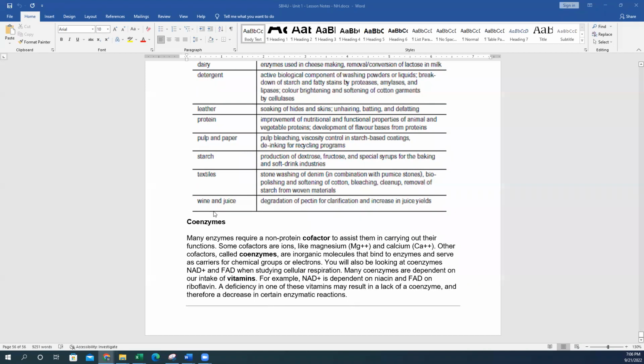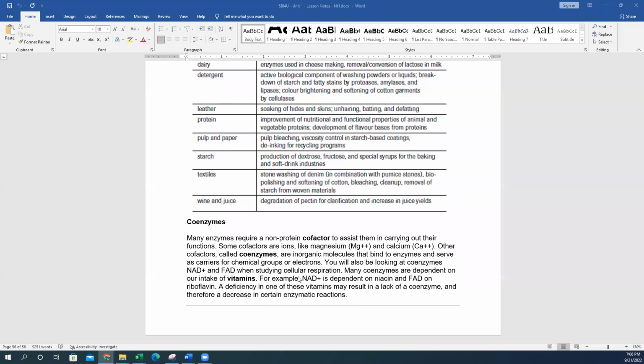Finally, we have to wrap up our discussion with a discussion of coenzymes. So sometimes enzymes need some non-protein cofactor to help them carry out their function. And some of these cofactors are ions, for example, like magnesium, like calcium. Others are called coenzymes.